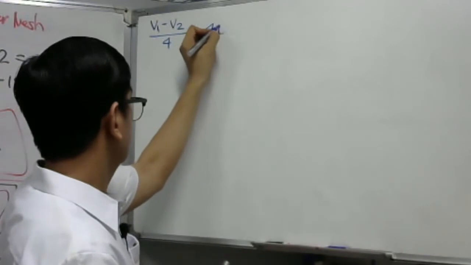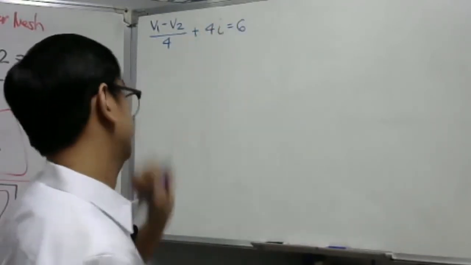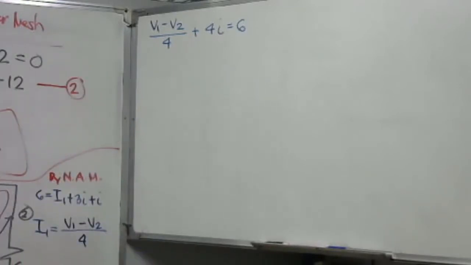So that is equal to 6. Then take a look here for our I, by the way. This is our I.